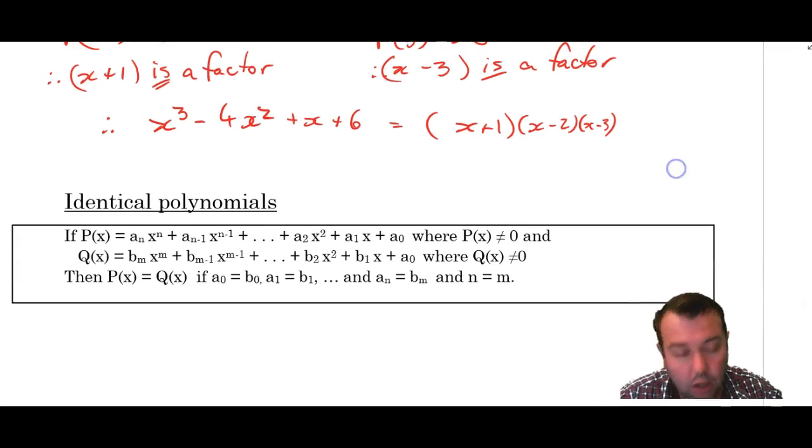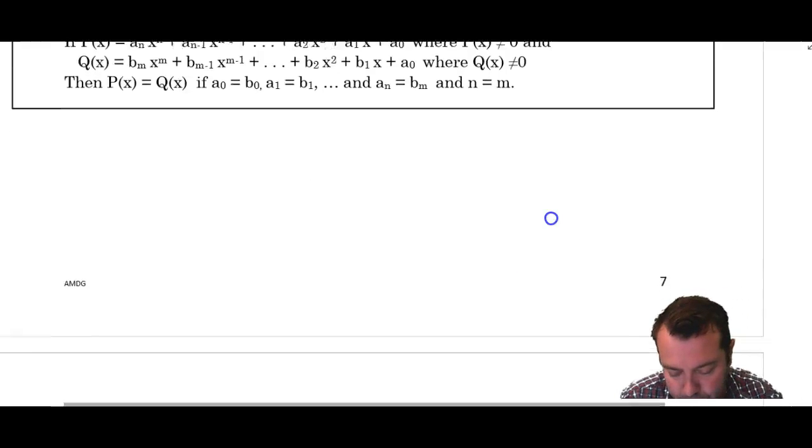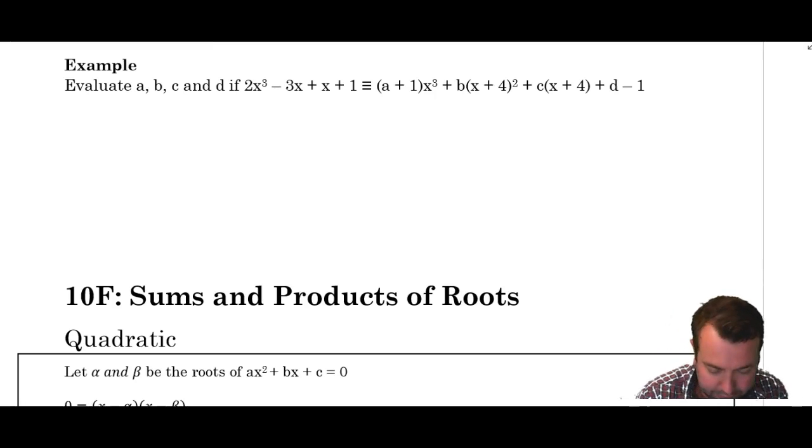We have spoken about identically equal polynomials before, telling us that if I have 2 polynomials that are identically equal, then the coefficients of the corresponding terms are equal. Here's a question that asks us to find the values of a, b, c, and d if these 2 polynomials are identically equal.